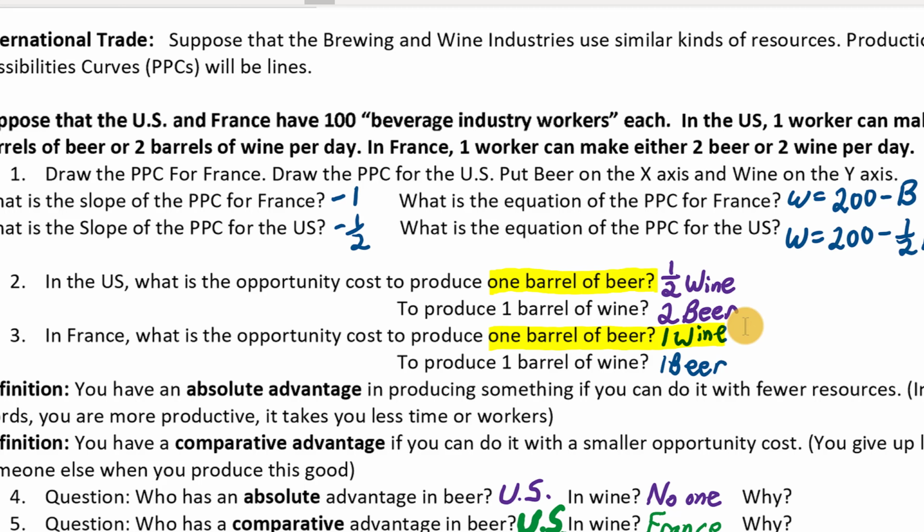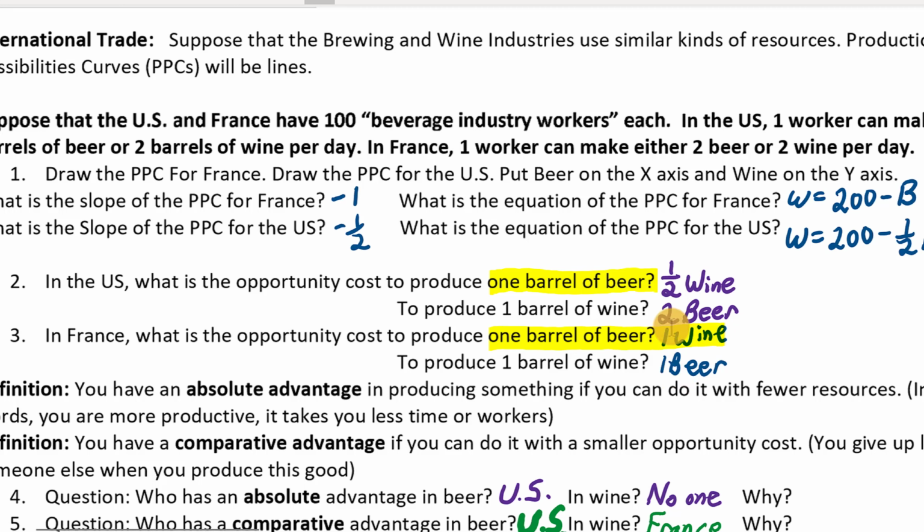So whatever price France is paying to get beer from the United States, assuming beer is going to be mostly or completely made in the United States, that price can't be higher than trading 1 barrel of wine to get 1 barrel of beer. In order to really give France an incentive to do this, we want to give them some kind of deal where they can get a little bit more than 1 barrel of beer per barrel of wine they have to send over to us, right? So that's one way to think about the constraint.